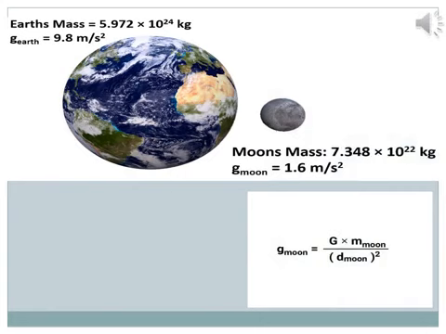It is important to know the values of the following quantities. Mass of the earth is equal to 5.972 into 10 the power of 24 kg.